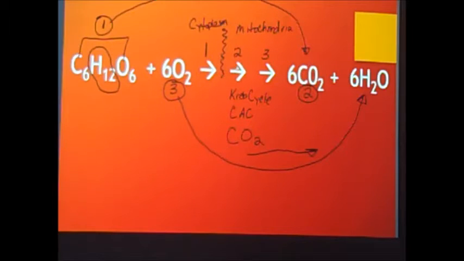That there is the third step, or the third arrow. While oxygen is combining with the hydrogen, we are making almost all of our ATPs in this third step. And that happens along the electron transport chain that is found on the membrane of the mitochondria.